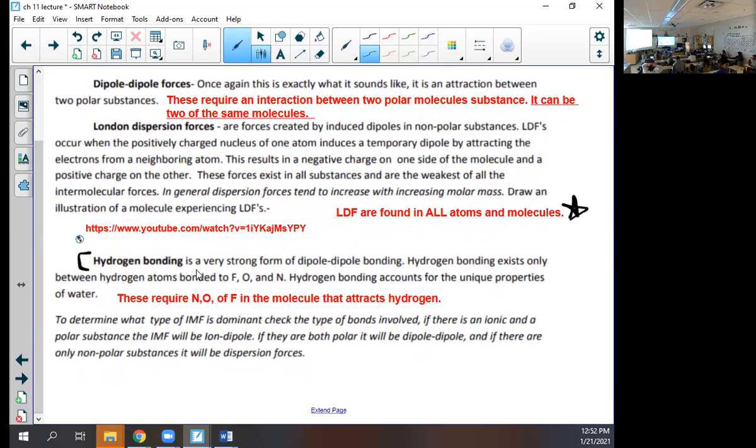Hydrogen bonding is a very strong form of dipole-dipole bonding. You should know that hydrogen bonding is really a form of dipole-dipole. Hydrogen bonding exists, and I think we said this right at the end of yesterday, just N, O, F, or just remember, hydrogen bonding is fun.